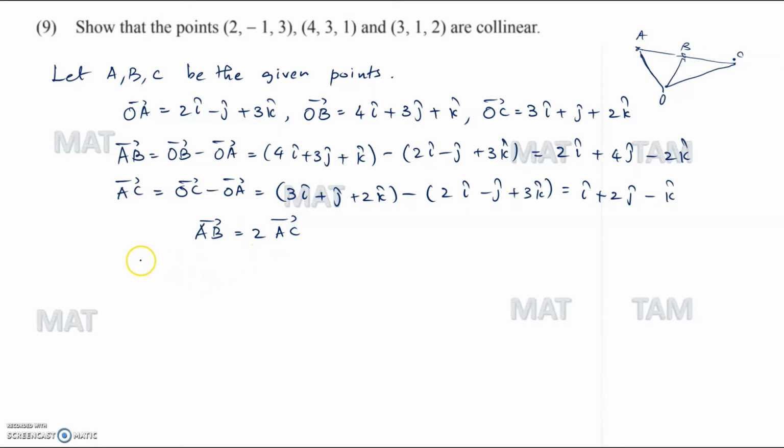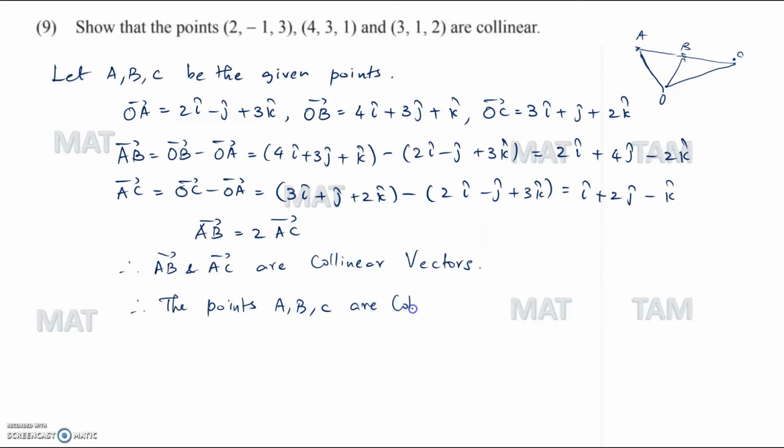Therefore, vector AB and vector AC are collinear vectors, and therefore the points A, B, C are collinear.